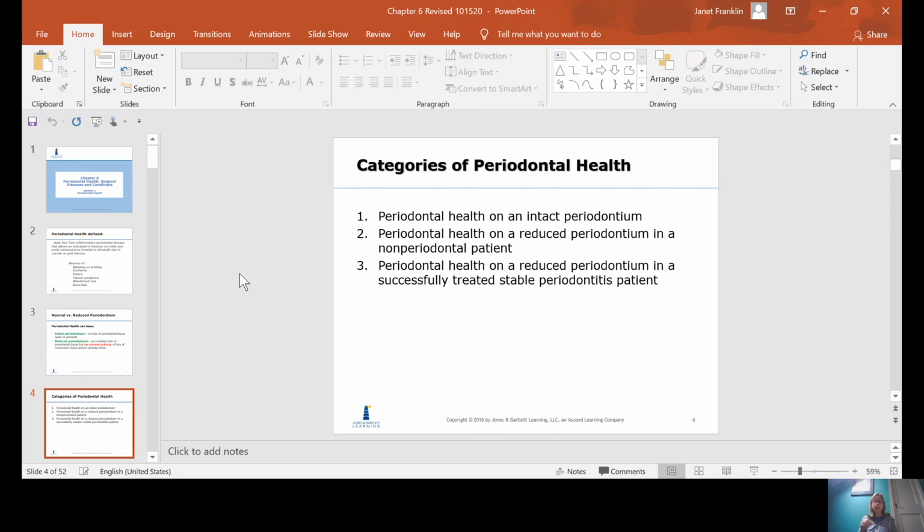Even though when you measure, you're going to have clinical attachment loss, that is not considered periodontitis because it wasn't lost due to a bacterial infection. Periodontitis, by definition, is a bacterial infection. So that would be considered a reduced periodontium because they've lost some clinical attachment, but they're a non-periodontitis patient.